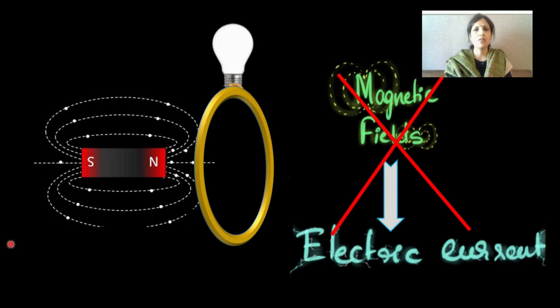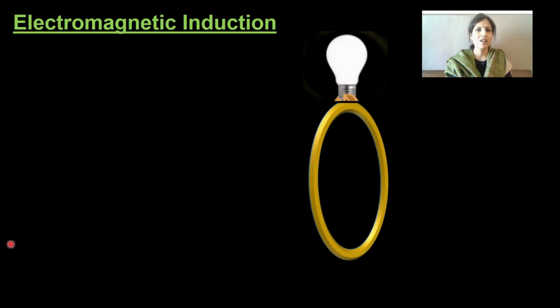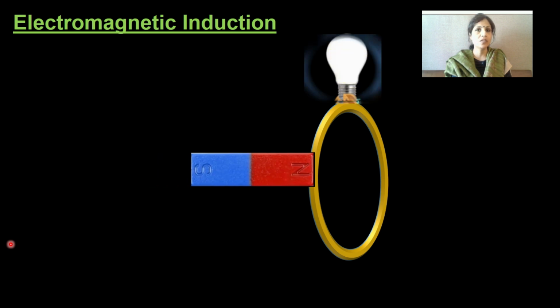Is that so? Okay, I'll move the magnet behind. Can you see the flash there? Oh, let me take the magnet near to the ring. Oh, again, can you observe anything there, children? Whenever I am moving the magnet backward and again bringing it forward, could you observe that flash? So something is happening.